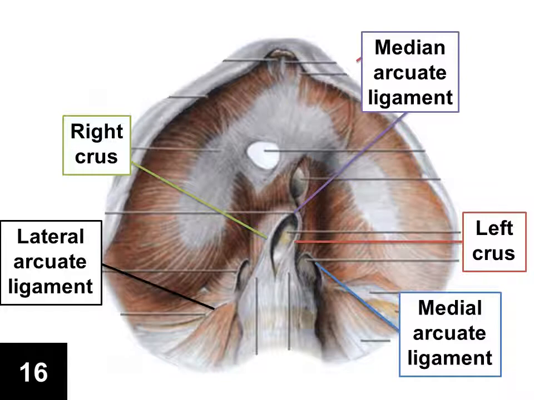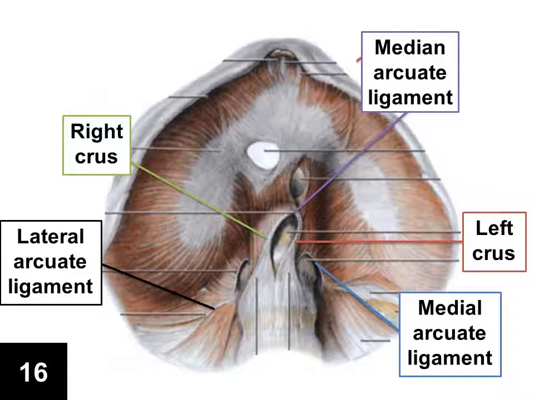Now this diagram shows us the right crus and the left crus. The right crus is indicated by the green color and the left by the red. Now the right is attached to the body from the anterolateral surface, meaning anterior and lateral, a bit anterior and a bit lateral.